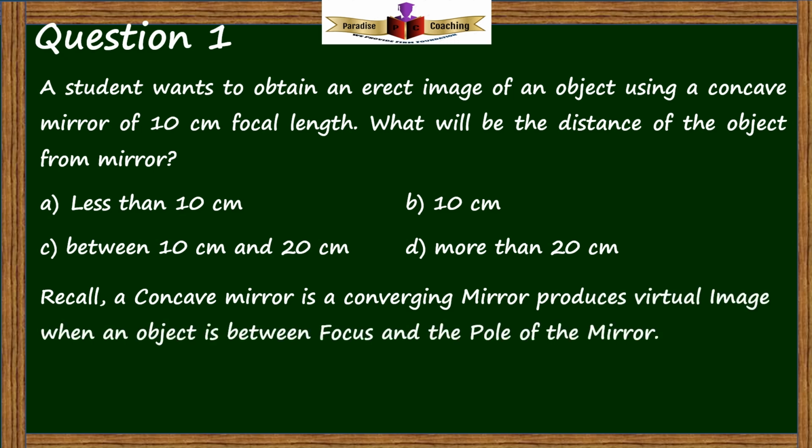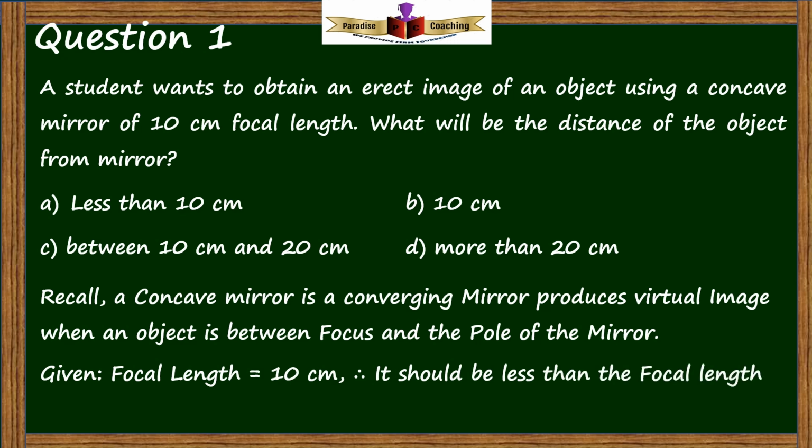Given focal length equals 10 centimeters, therefore the object distance should be less than the focal length. The correct answer is A, less than 10 centimeters. Also recall, focal length is the distance between the focus and the pole of the mirror.